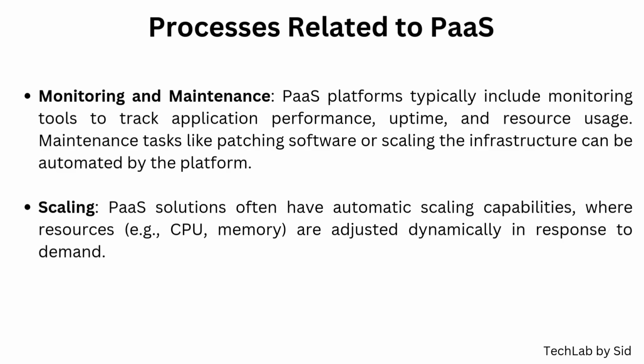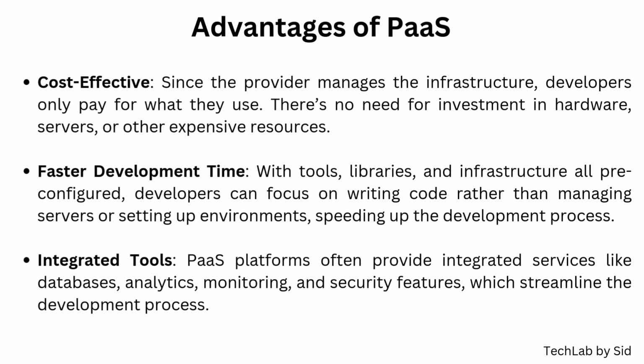Maintenance tasks like patching software or scaling the infrastructure can be automated by the platform. Scaling. Platform as a Service solutions often have automatic scaling capabilities, where resources, for example, CPU, memory, are adjusted dynamically in response to demand.